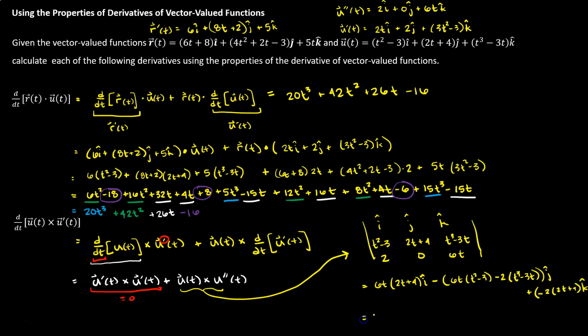And then we can clean this up. Distributing through our i component, we have 6t times 2t plus 4. That would look like 12t squared plus 24t i hat. And then in the j component, we would have 6t cubed minus 18t, 2t cubed plus 6t. Combining those, we would have, oh, and that's minus all of that.